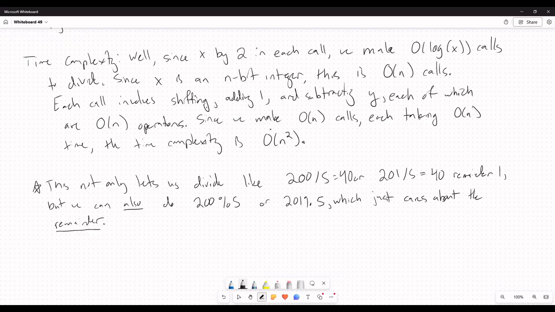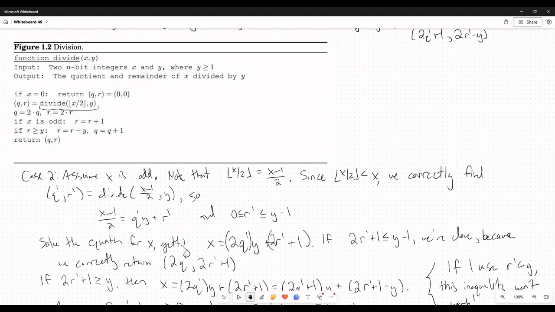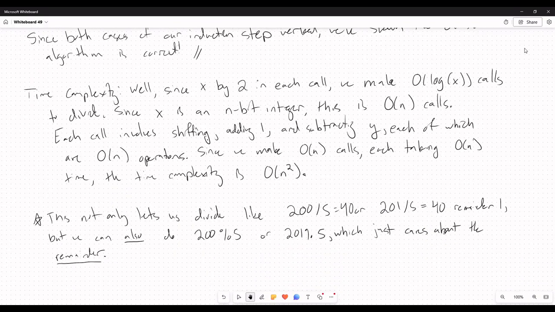We may or may not see a lot of modular arithmetic in this class, but if you ever look into things like cryptography, the RSA algorithm for cryptography does a lot of interesting stuff with modular exponentiation and stuff like that. So modular arithmetic, really important, and you can get that mod, which again is just telling you what's the remainder, using this division algorithm. So it's a really important algorithm. There we go. There's our proof of the correctness and the time complexity of the division algorithm.